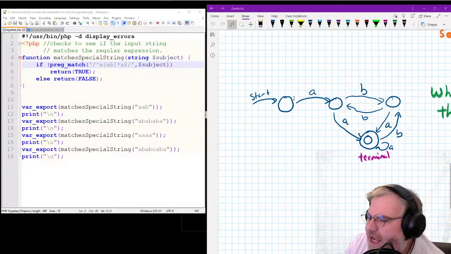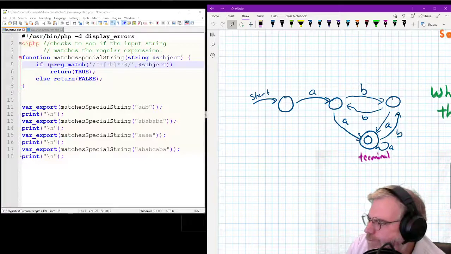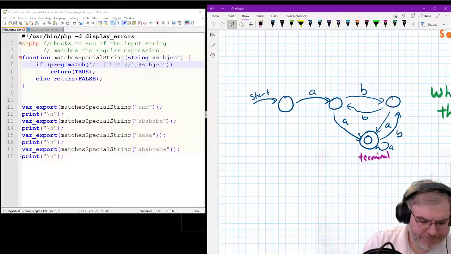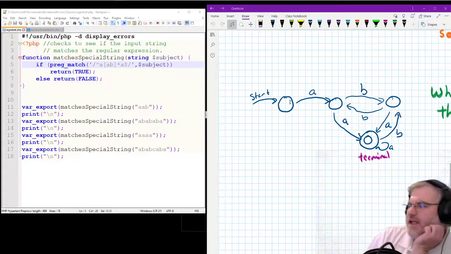So for AAB, I go A, A, B, and I wind up in a non-terminal state. Okay? Everyone on board with that? 1 to 5, how do we feel about that? That path. I started here and I went A, A, B.